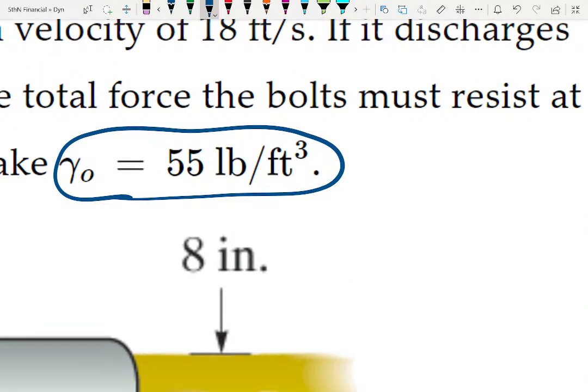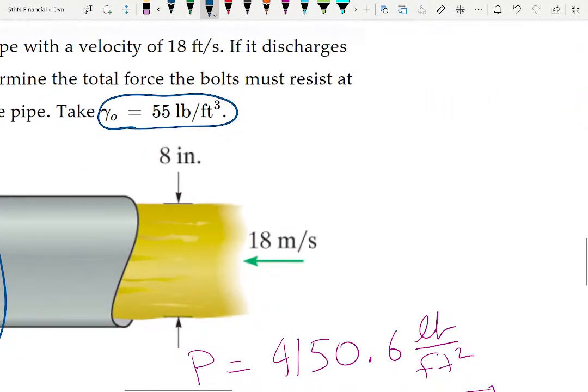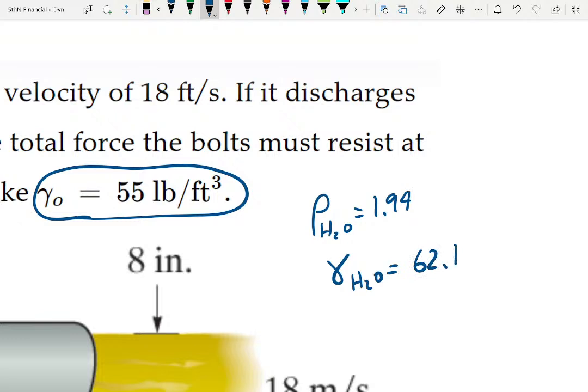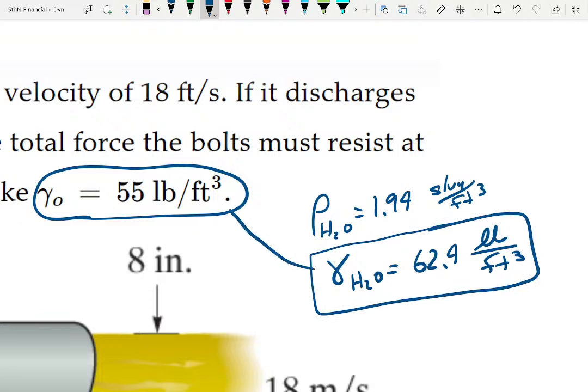Knowing that, I know the density of water is equal to 1.94, and I also know gamma of water is equal to 62.4, and this is slugs per cubic foot, and this is pounds. So if I need to know the density, what I need to do is find the specific gravity of this oil.